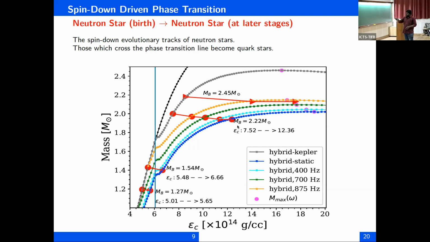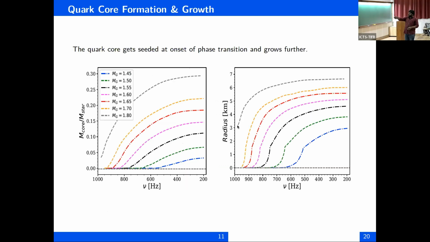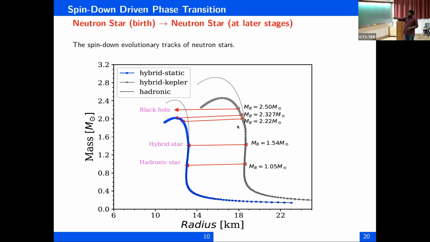These are the scenarios which come out in my analysis, and that is shown in this curve also. This is for Keplerian frequency, this is for slow rotation frequency. The smaller ones remain as neutron stars. The bigger ones become hybrid stars, where they attain quark matter cores, and the much more massive ones, when they slow down, don't have a stable counterpart, and they become a black hole.